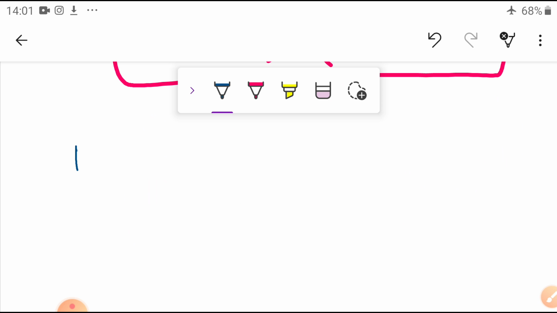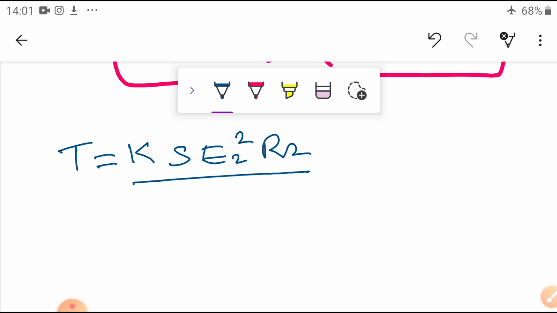The torque equation T is equal to some constant K, S E2 whole square R2 by R2 whole square plus Sx2 whole square.